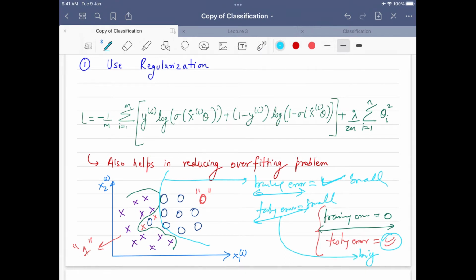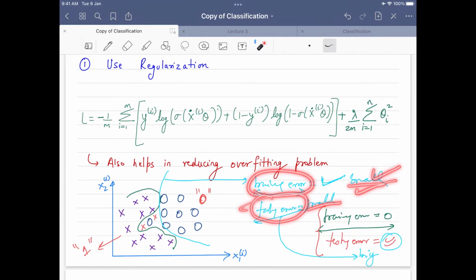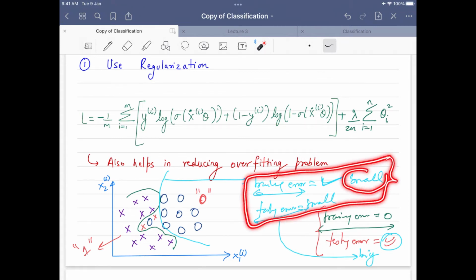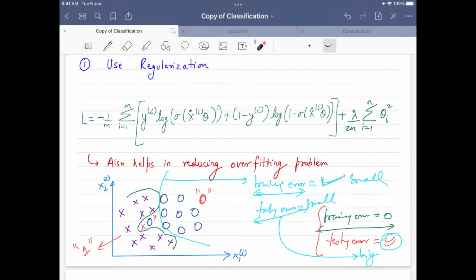So what it means is, your regularization actually reduces the training error as well as the testing error to a very small value. This is allowed. But this situation is not allowed, where your training error is exactly 0 and you have some testing error. So we try to use regularization to reach this situation where your training and testing error are there and they are much smaller compared to having 0 training error and high testing error.